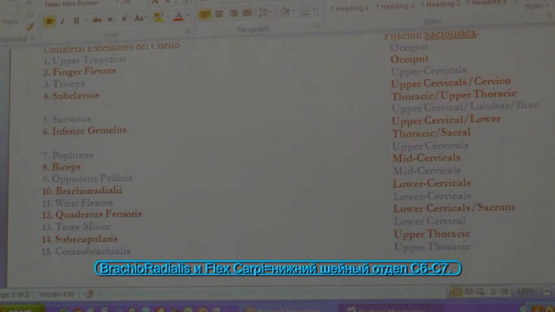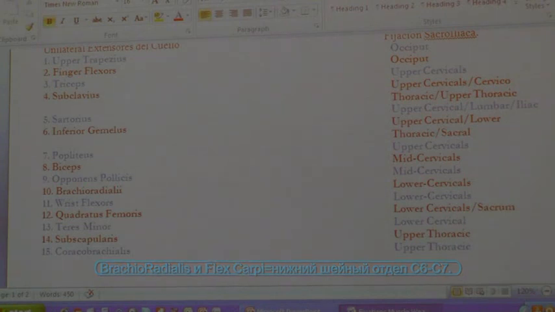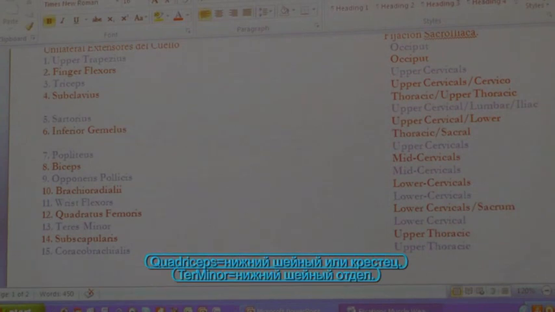Quadratus femoris is related to the lower cervicals or sacrals.